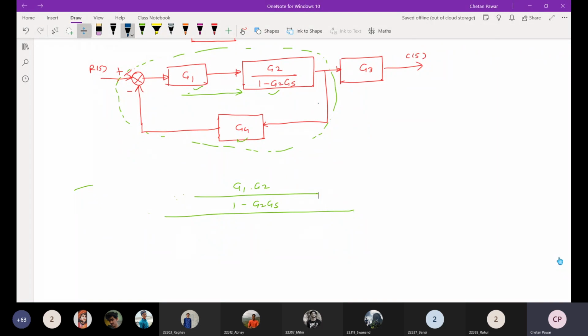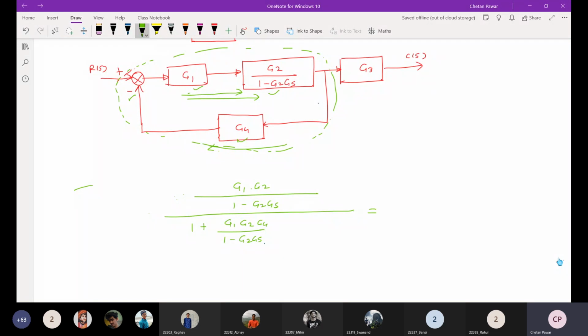Now here negative feedback is used, so 1 plus the forward path gain into the feedback path gain. The forward path gain is G1 into G2 over 1 minus G2 into G5, times G4.